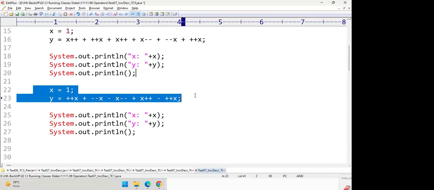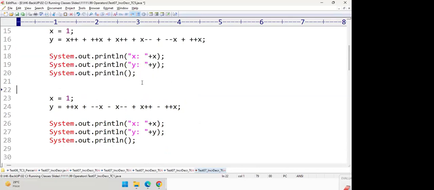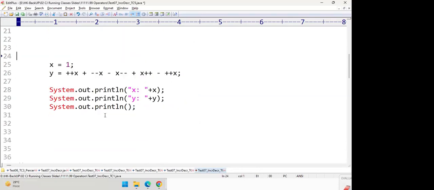Line number? x plus plus. Write this again.